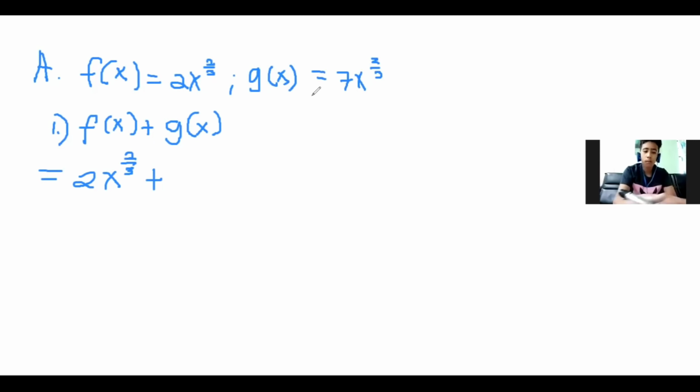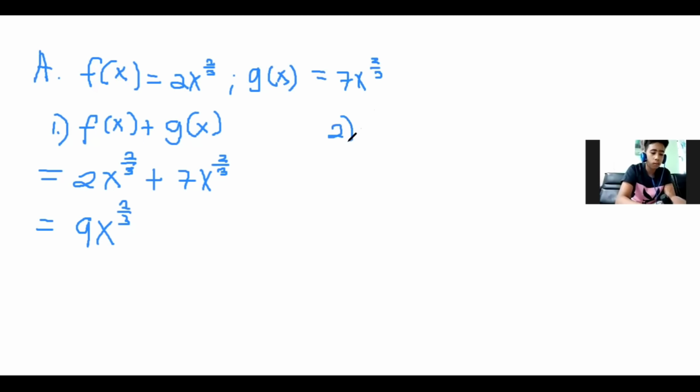Then replace your g of x with the value of 7x raised to 2/3. Okay, so if your variables are the same, so they have the same x's, and the powers of their variables are also the same, children, so it means that we're going to add it directly. Okay, so we're going to get the sum of 2 and 7. So 2 plus 7 will give us 9, and then copy the variable and its power. Any question for addition? Any question?